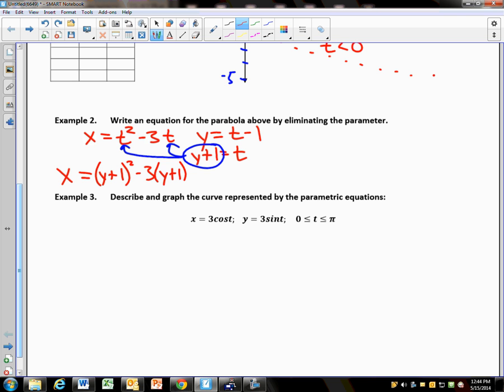Let's simplify this. X equals, what is y plus 1 quantity squared? Right? So, combine like terms, x is y squared minus y minus 2.